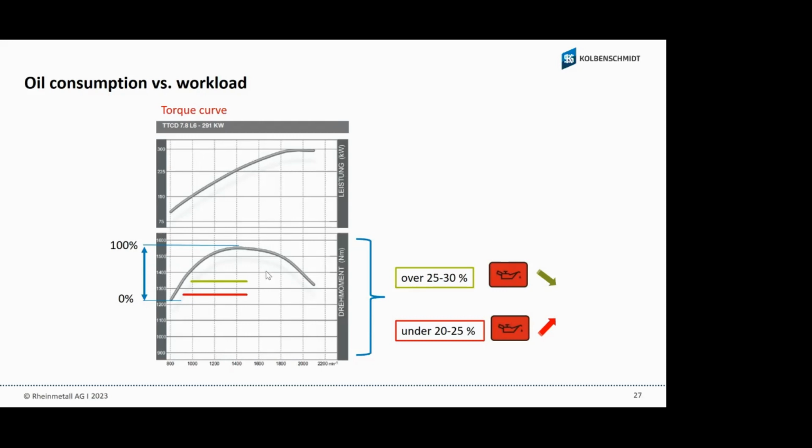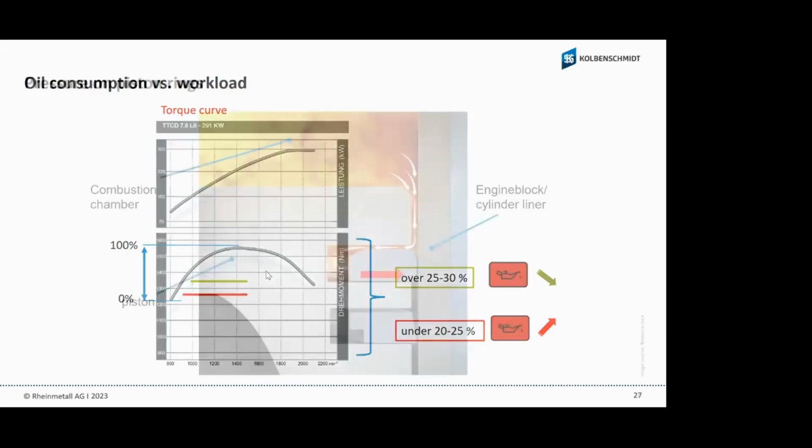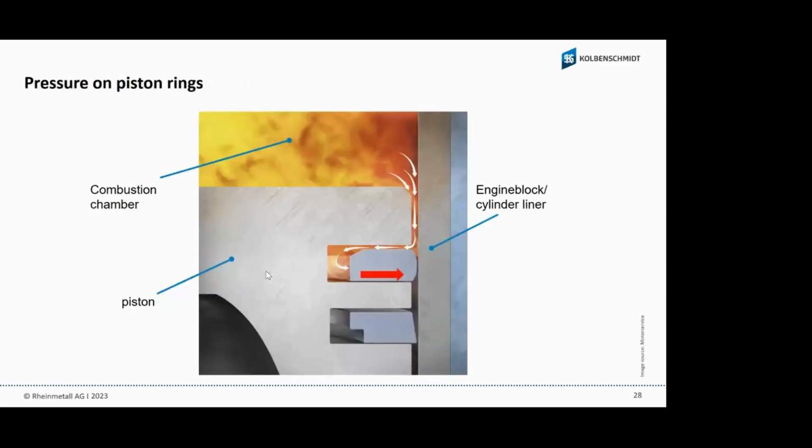When we are under this 20 to 25% of the load, we have a different pressure on the combustion side. You know it better than me. At idle speed, the combustion pressure is less.